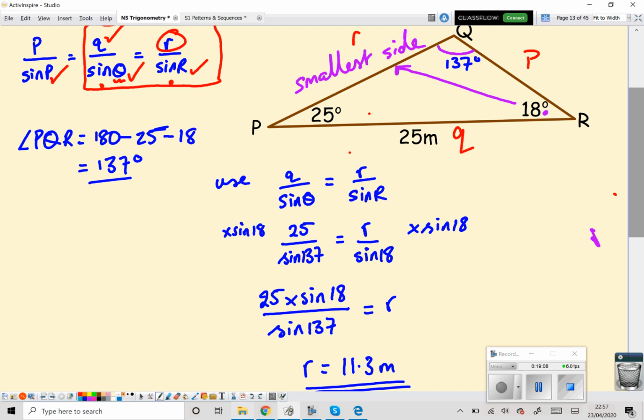Choose a pair of ratios out of the three where you know three of the four pieces of information. Sub in your values and use the algebra trick of multiplying by the denominator of the missing side. So in this case, multiply by sine 18 both sides and run that through the calculator. Remember to close any brackets and you'll come up with a correct answer.